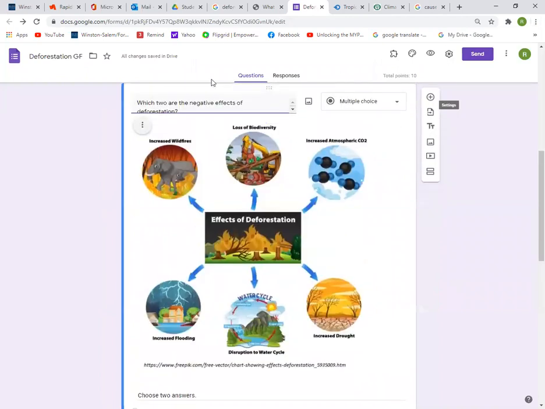So these are the effects of deforestation. Loss of biodiversity, you might be asking, how can deforestation lead to this? Remember, many of our wildlife live in the forest, and when the forest is destroyed or deforested, they lose their homes, and this leads them to die or even become extinct. Increase in atmospheric carbon dioxide.